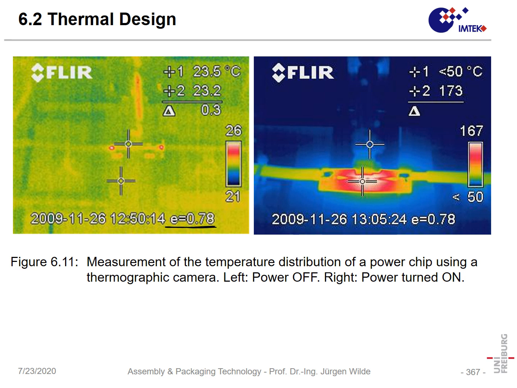Now we turn it on, and here we can see based on that emission coefficient we see a temperature of 167 degrees centigrade. The question is, is that temperature true? And we can say no, it's not true if we didn't calibrate for that emission coefficient.